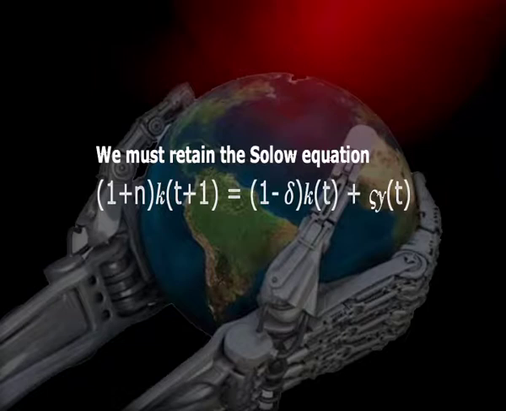We must retain the Solow equation (1 + n)k_{t+1} = (1 - δ)k_t + σy_t, which explains an important conclusion of this model that the new per capita capital stock k_{t+1} can be obtained by depreciated per capita capital (1 - δ)k_t and per capita savings σy_t, but population growth drags down the growth of the new per capita capital.